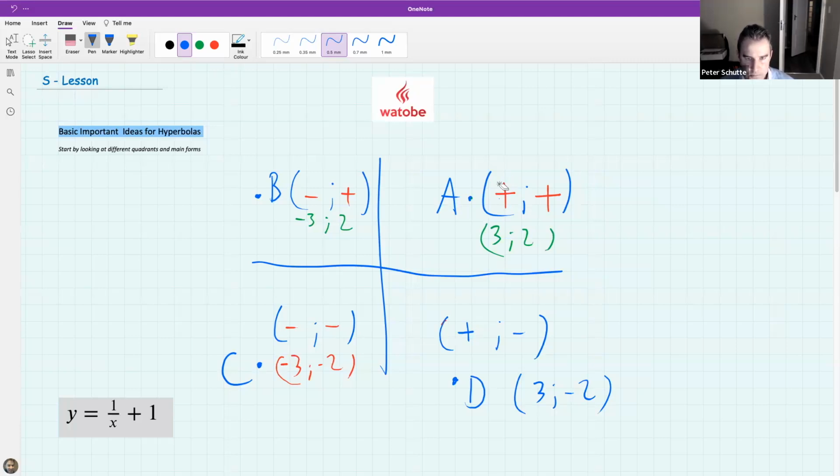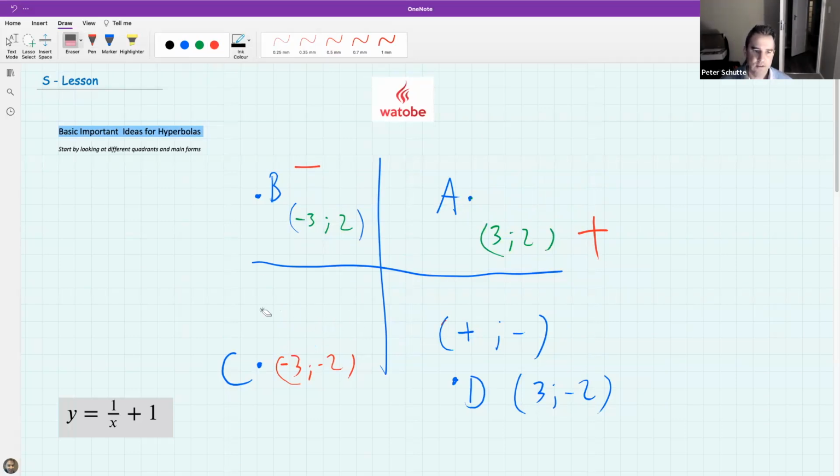So I want to ask you another question. If I had to multiply the X and Y together in quadrant 1, I'm going to tell you I would get a positive. If I had to multiply the X and Y together in quadrant 2, what sign would I get? So for B, what sign would I get if I multiplied X by Y? I would get negative.